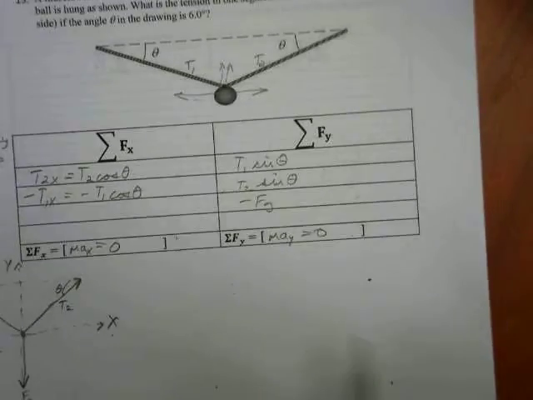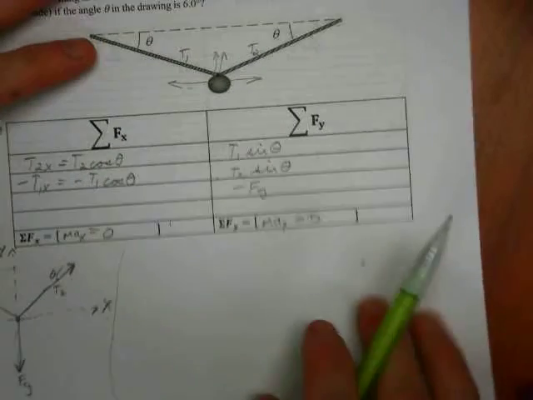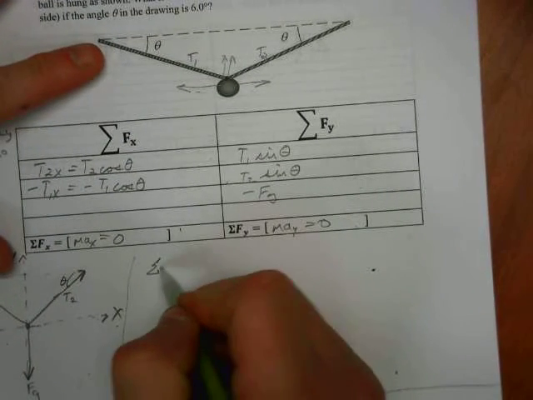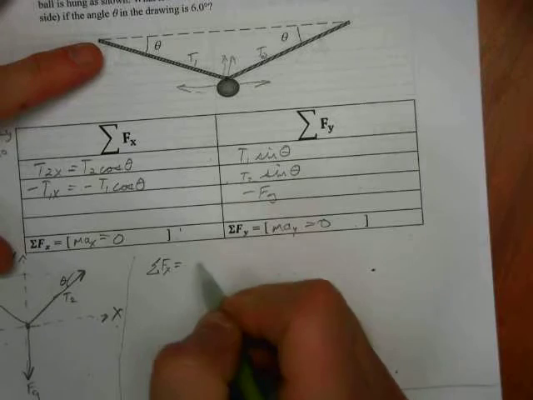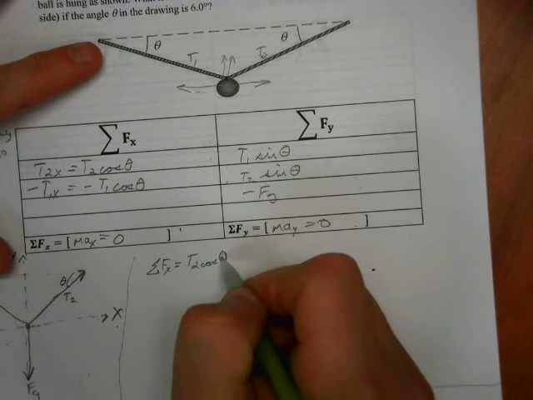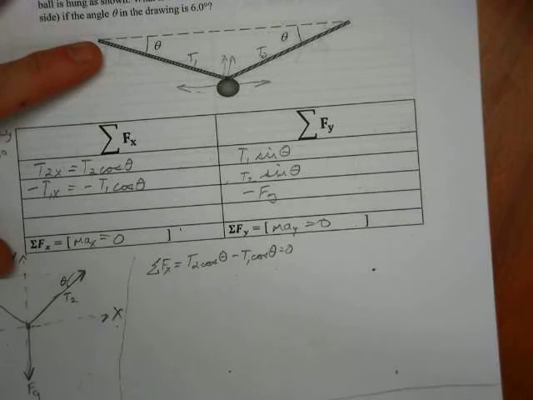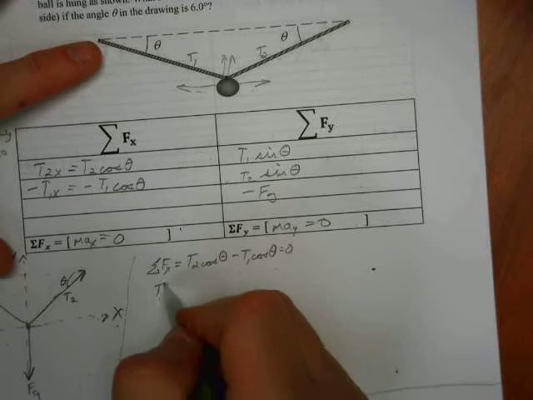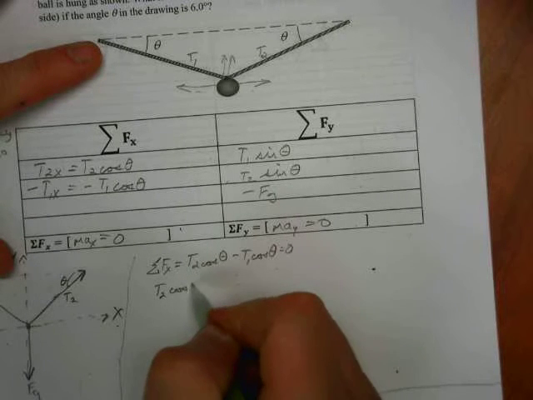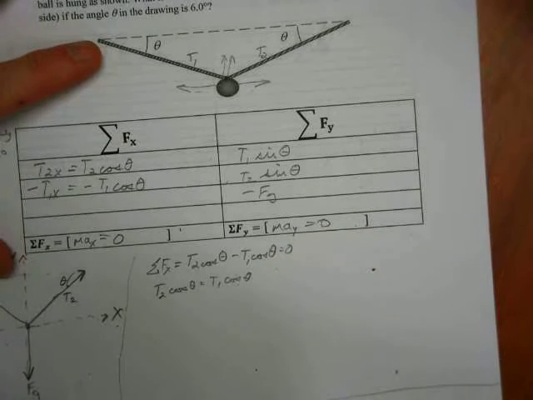I know my page is getting kind of crowded here, so I'm going to try to separate things out. Sum up the forces in the x direction. It's T2 cosine theta minus T1 cosine theta, and we said that equaled 0. So T2 cosine theta equals T1 cosine theta.